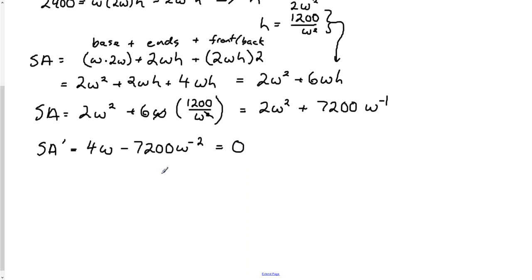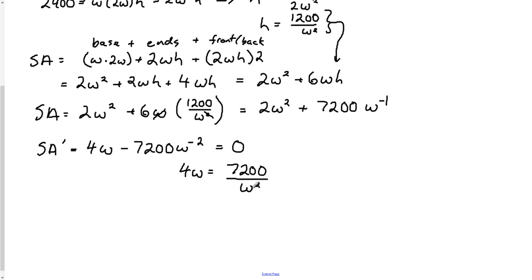So how do I solve something like this? I'm going to start by bringing that negative 7,200 term over to the other side. So I'm going to bring that over as 7,200, and I'm going to change that w to the negative 2, rewriting it as over w squared.